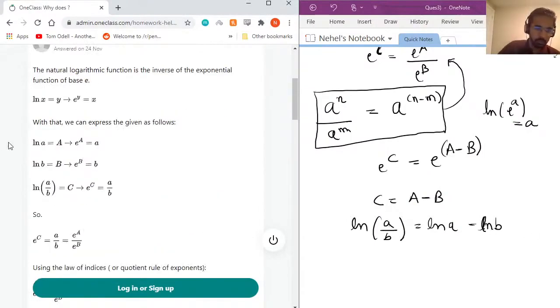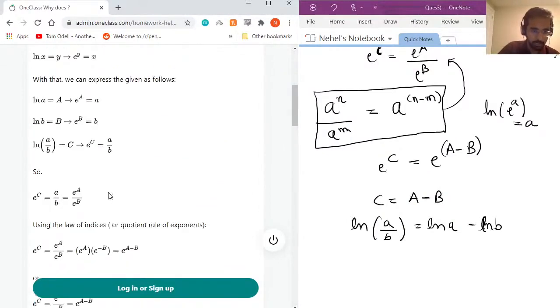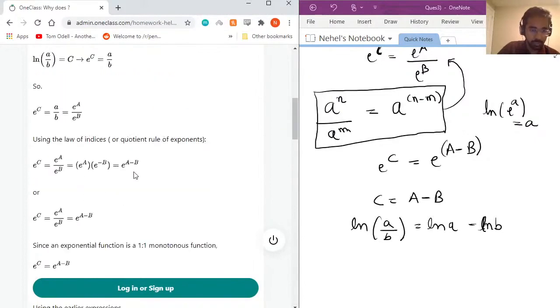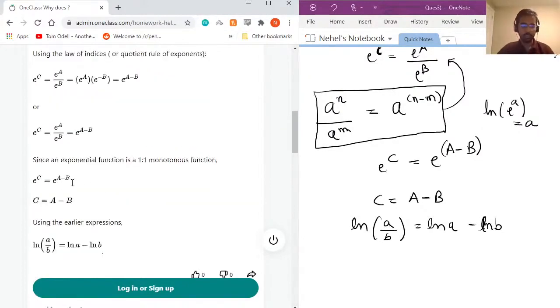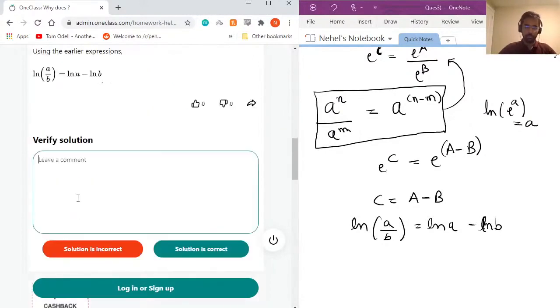They have done a similar method: ln becomes this, and then this becomes e to the A minus B. Perfect.